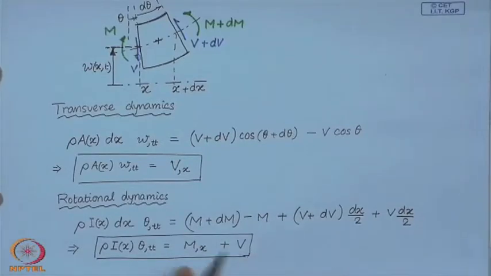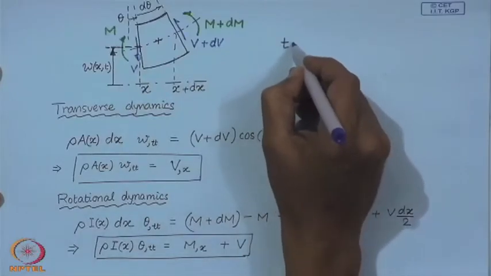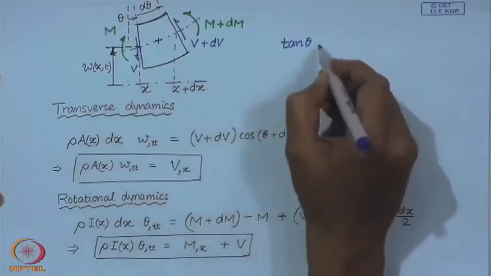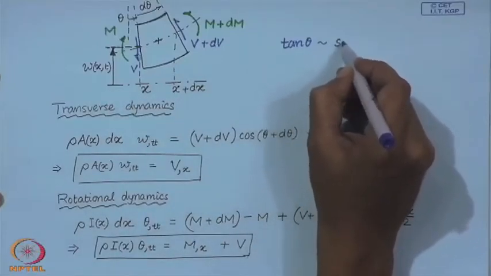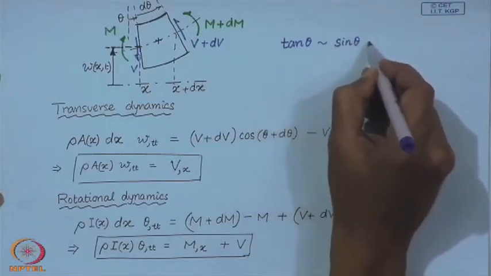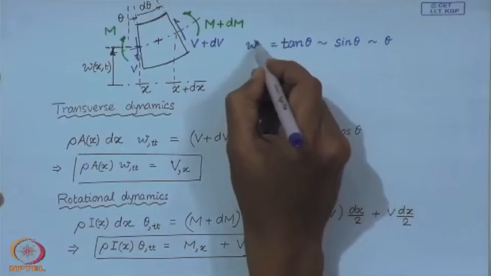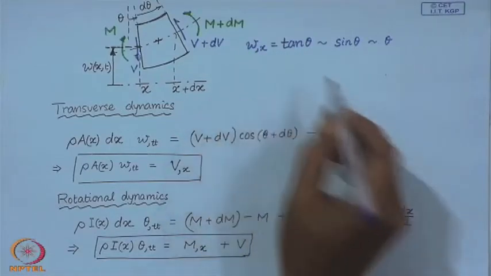now this theta has to be somehow represented in terms of w. Now, we know that this tan of theta for small slopes is almost equal to sine of theta, which is almost equal to theta, and tan theta is nothing but the slope of the beam.